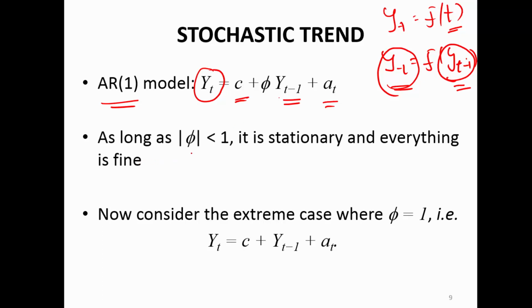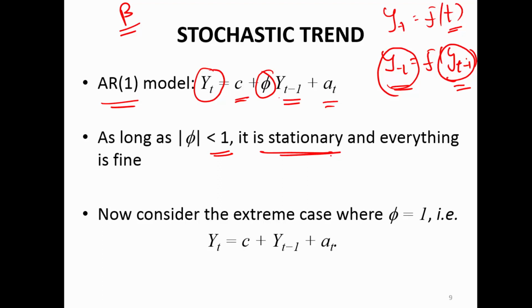Now here is something interesting to know, and we should be very careful here. In the deterministic case we had this beta, and something similar here, we have used this phi operator. If the modulus of phi is less than 1, then it is stationary, and we have no issue with that.